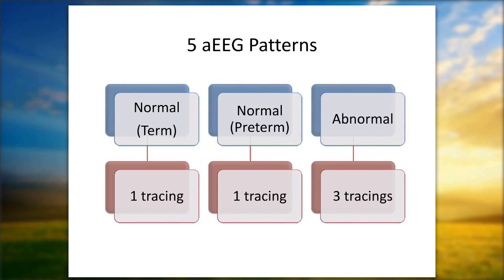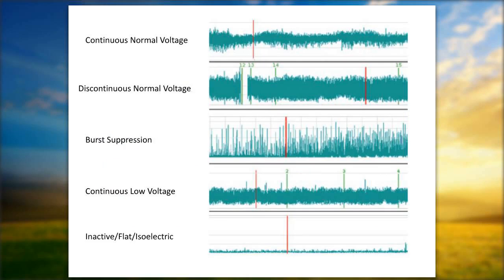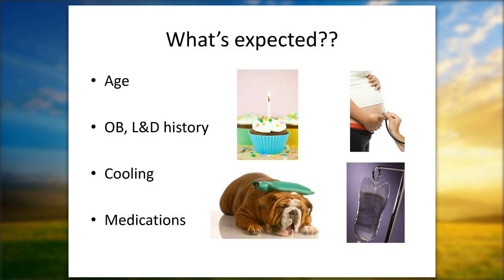One is normal for term babies, one is normal for preterm babies, and the other 3 are not normal for anyone at any age, even you and I as adults. These are not normal tracings for us at any time of life. We're all aware of the 5 patterns and very familiar with their names, and probably very familiar with the way they look, even without the voltage limits on these pictures. We're all pretty familiar with them. So just as a reminder, there's just 5.